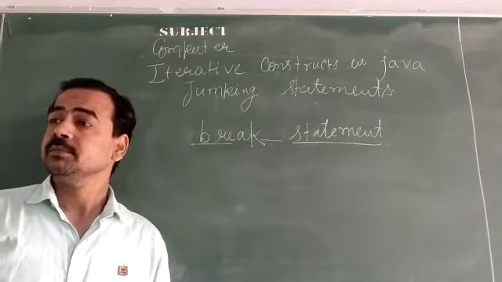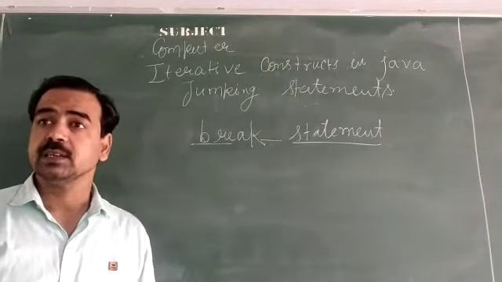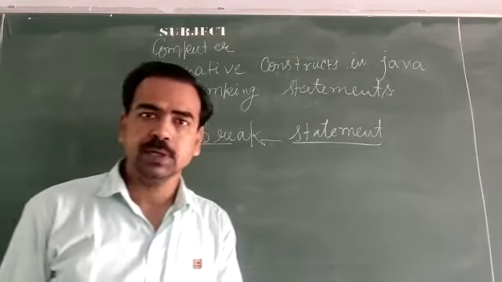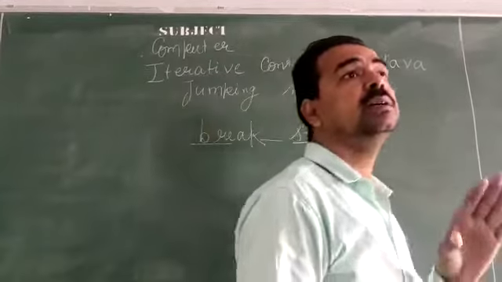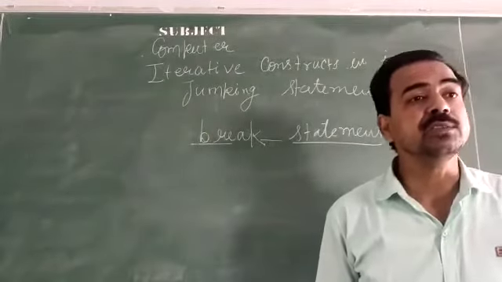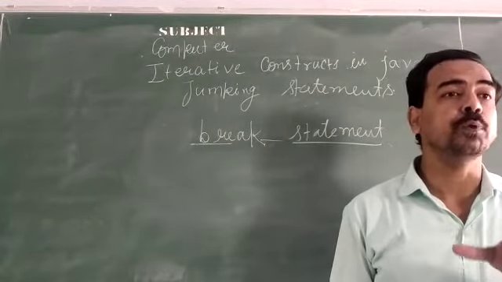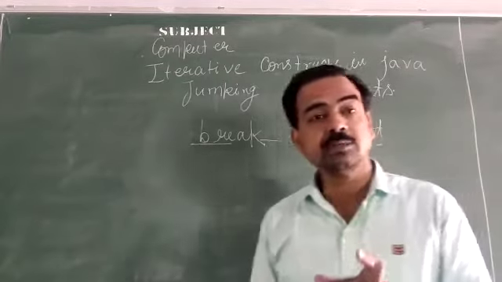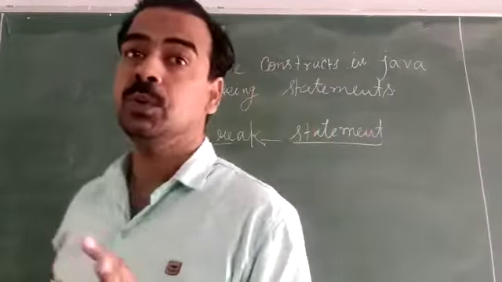Listen carefully. The break statement transfers the control out of the loop and it terminates the execution of the loop body only. Remember the statement which I have told you.